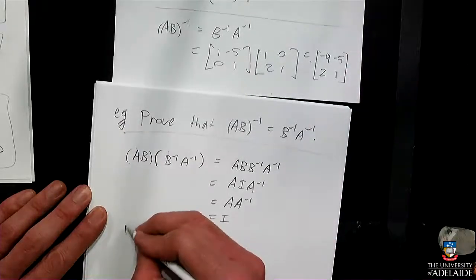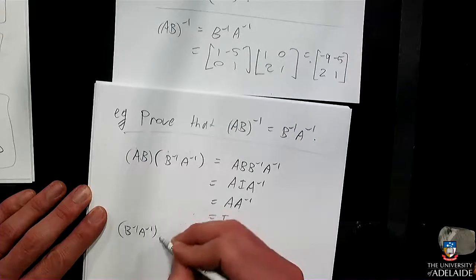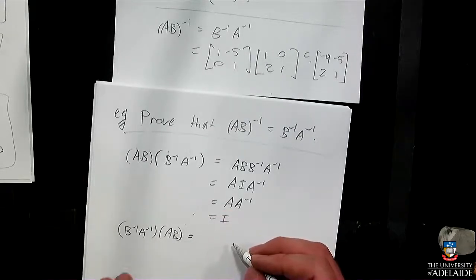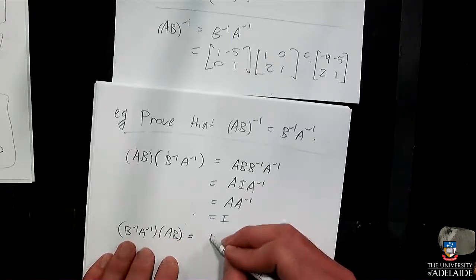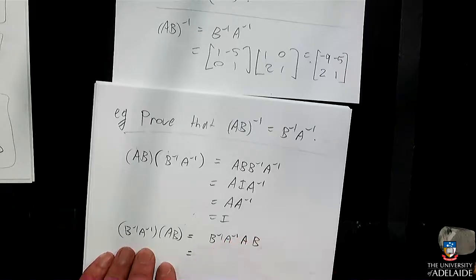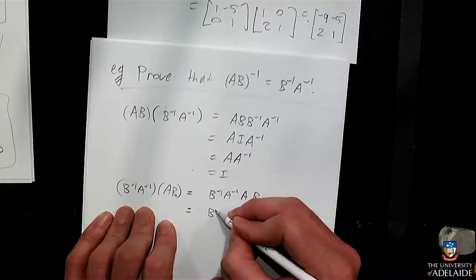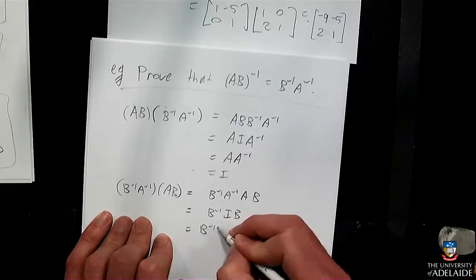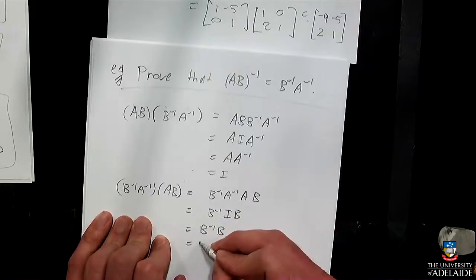On the other hand, I should do it the other way as well. Okay, so that's the same as B inverse A inverse AB. And A inverse A is the identity. And IB is the same as B. And B inverse B is the identity.